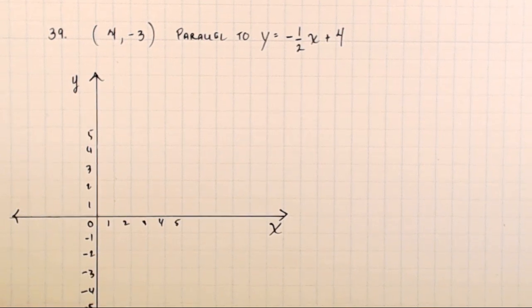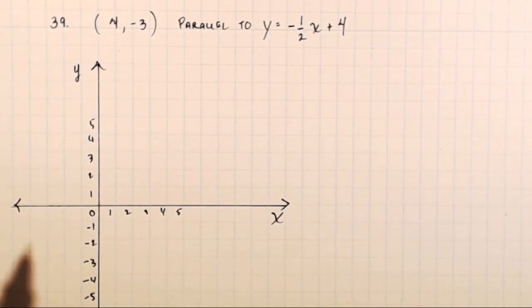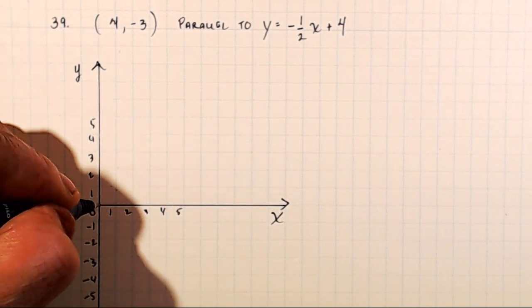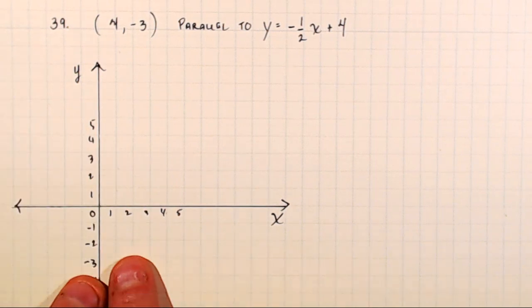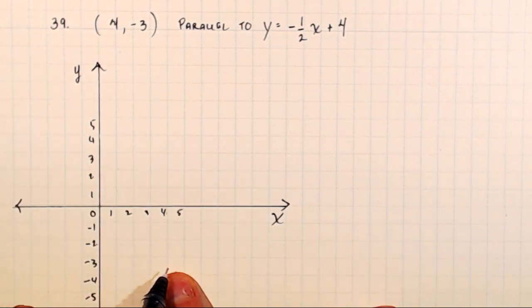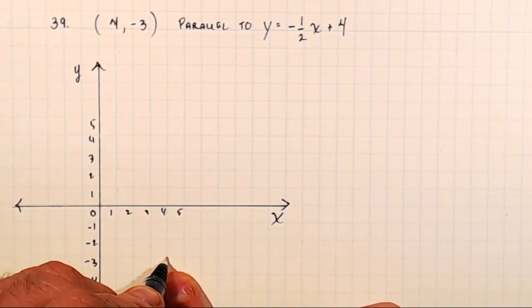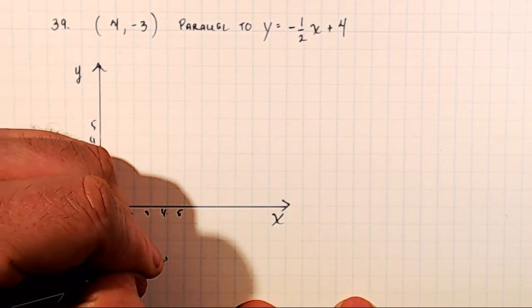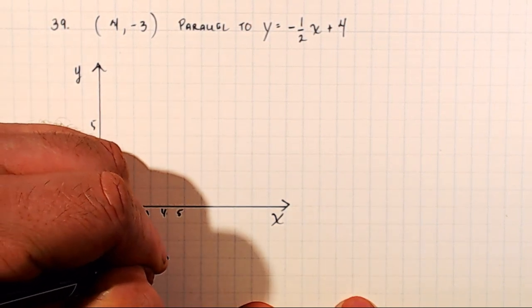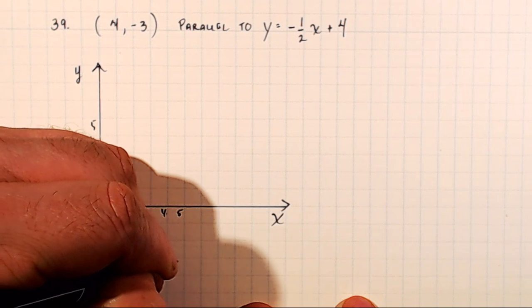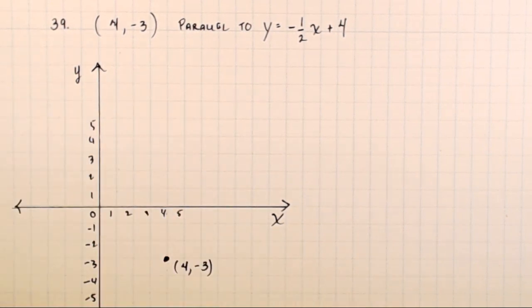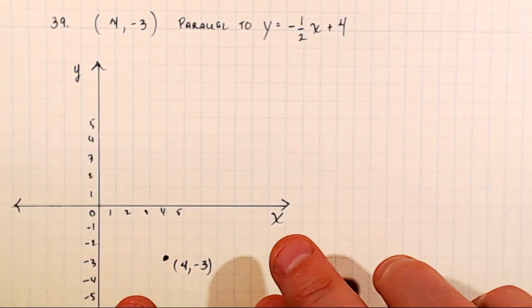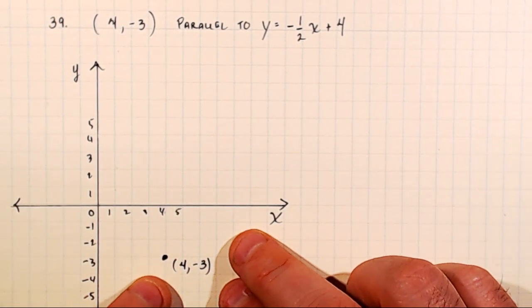Should be enough. Okay, so let's plot the point that we're given, 4, comma, negative 3. So we'll go over 4 and down 3 to this point right here. That is going to be 4, comma, negative 3.